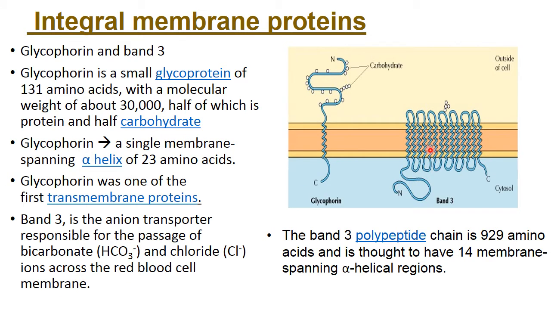This band 3 polypeptide chain has 929 amino acids, and it has 14 membrane-spanning alpha helical regions, whereas glycophorin has a single membrane-spanning alpha helical region.